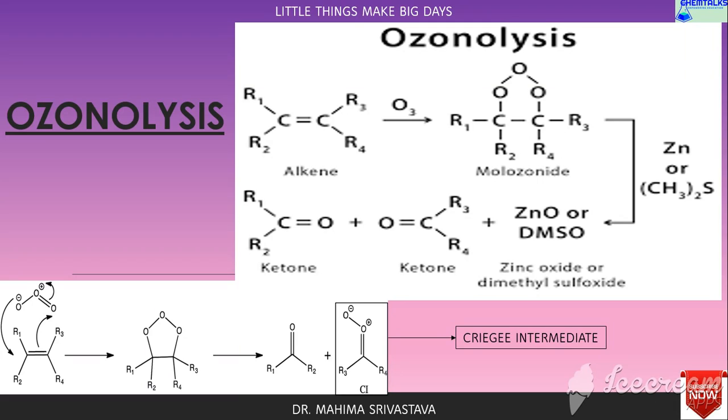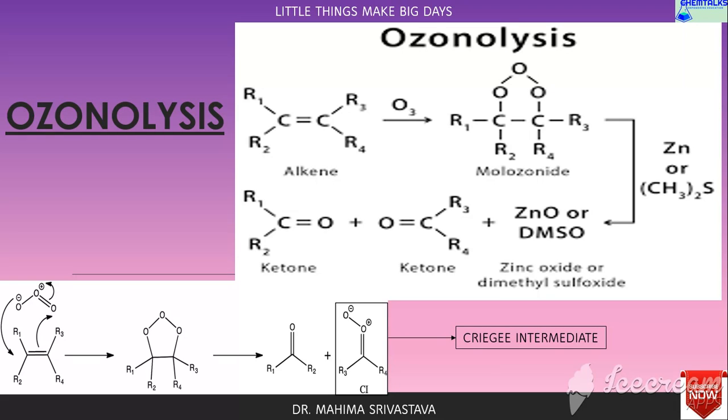Ozone is bubbled through this solution at a temperature of approximately -78 Celsius. When the solution turns blue, the alkene is assumed to have been completely consumed. The blue color comes from unreacted ozone. That means now only ozone is left and all of the alkene has been consumed.